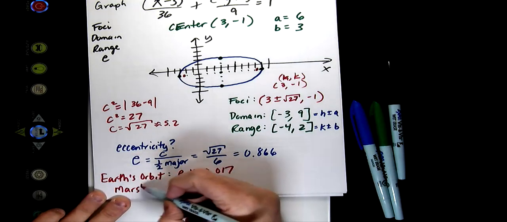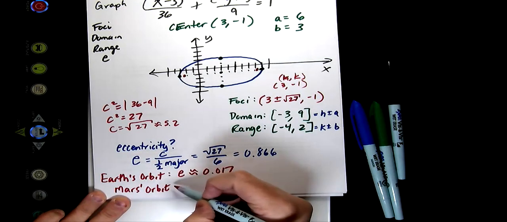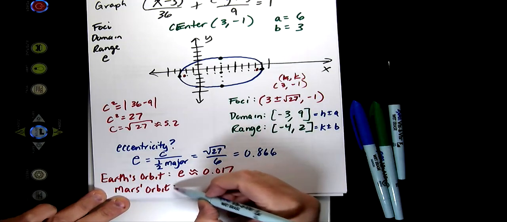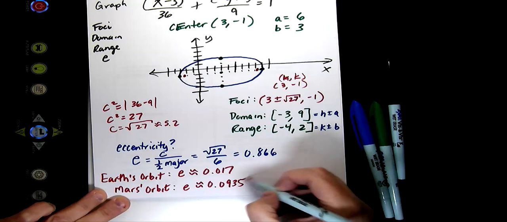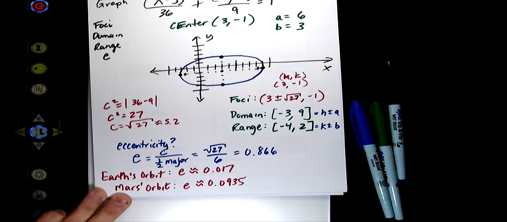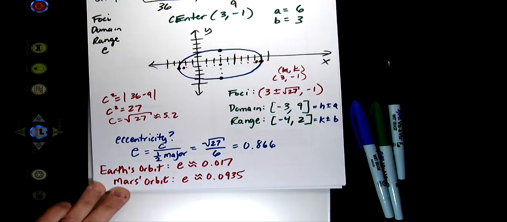Mars, E is approximately 0.0935. None of the planets have very big eccentricities. They go millions of miles from the sun in their orbit, so you have a low one.